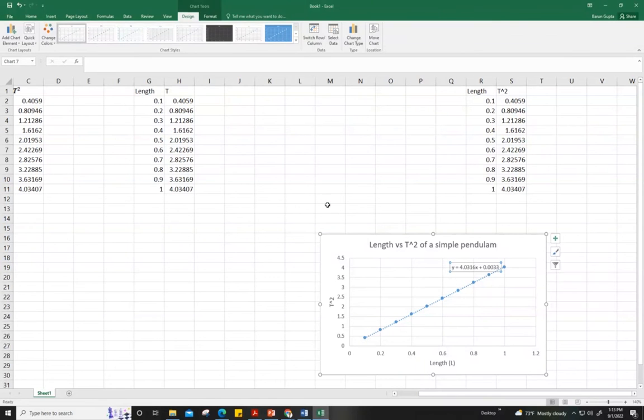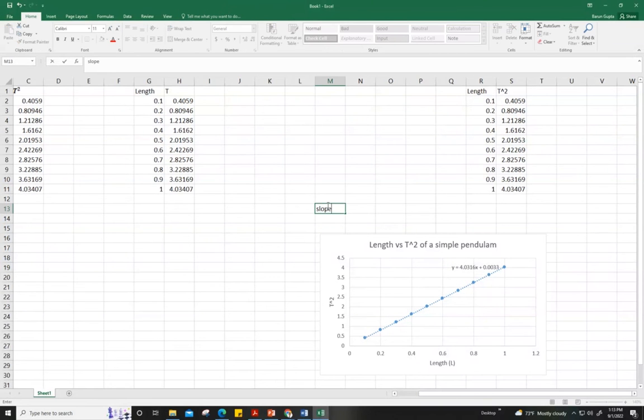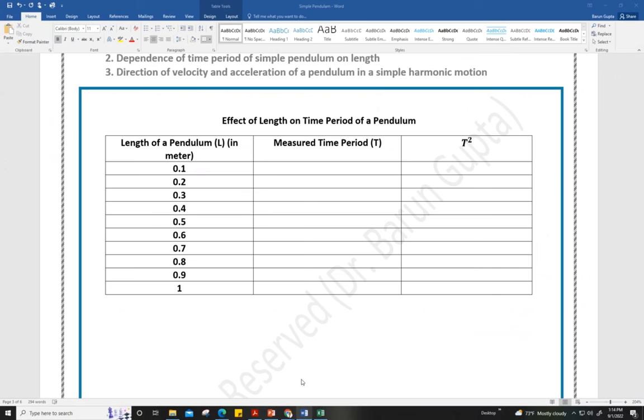So 4.03, the slope, I'm simply writing down here, is 4.0316. That's the slope here, because this equation is in the form of y equals mx plus c. So the m is this one, which is the slope. All right? Okay, so let's go back to our lab.